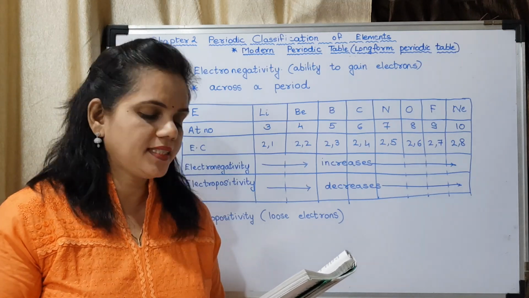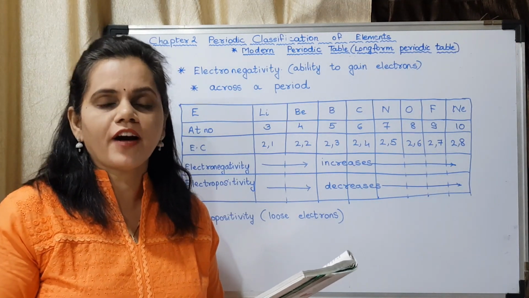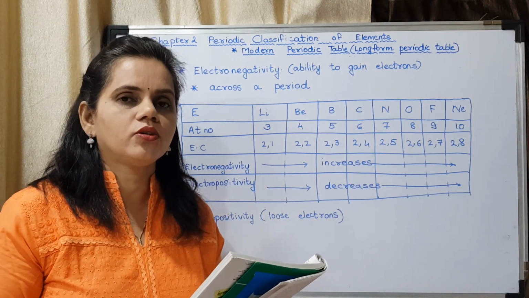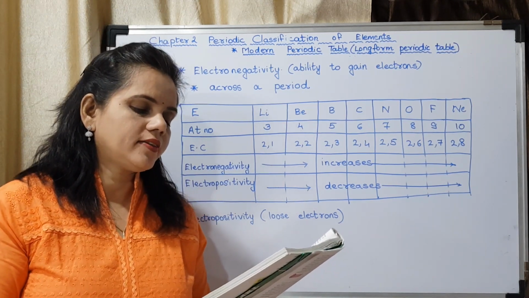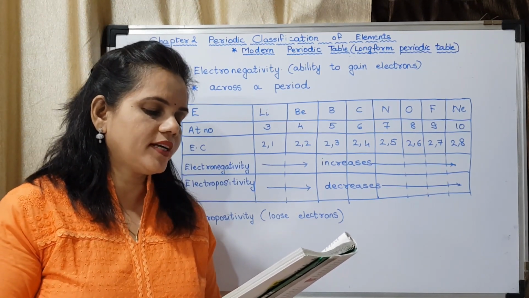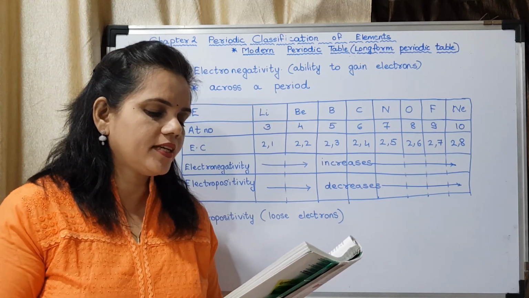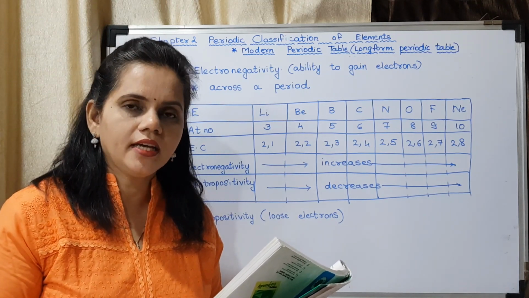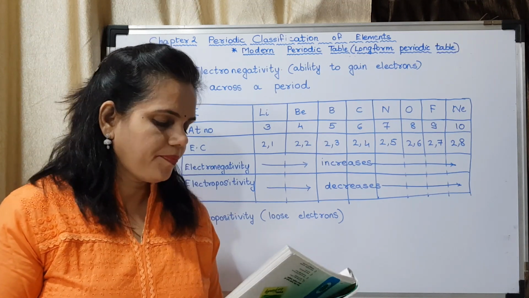Lithium is the biggest and oxygen is the smallest, because when we go from left to right, the atomic size goes on decreasing. Next, what is the periodic trend observed in the variation of atomic radius while going from left to right within a period? The atomic radius decreases. So this is the answer for the next question.